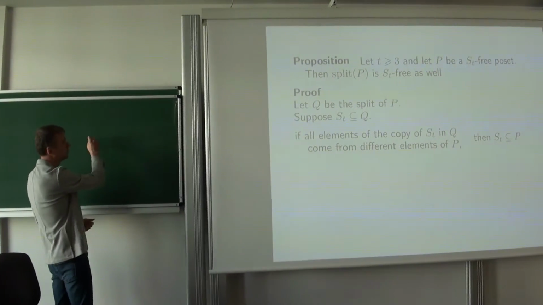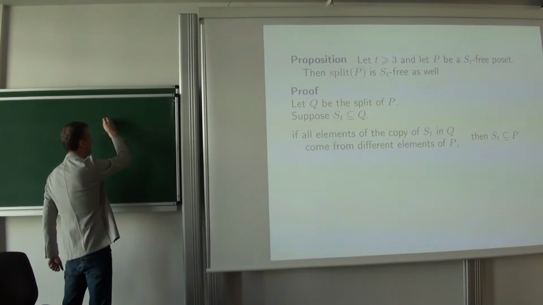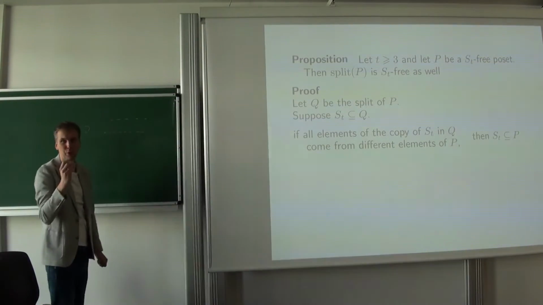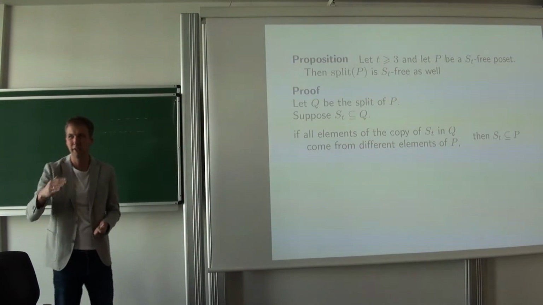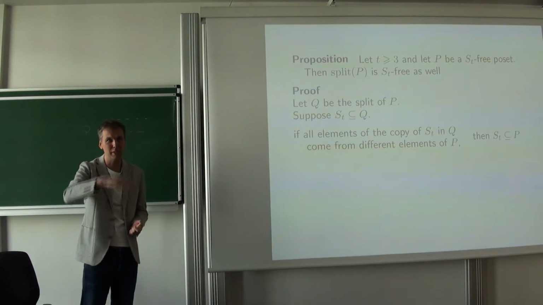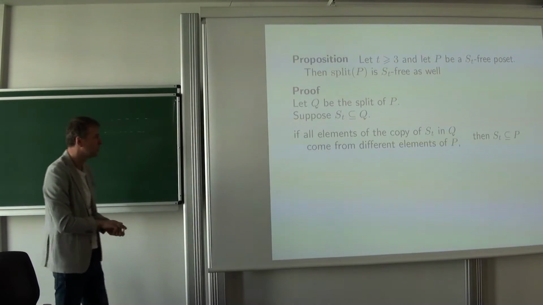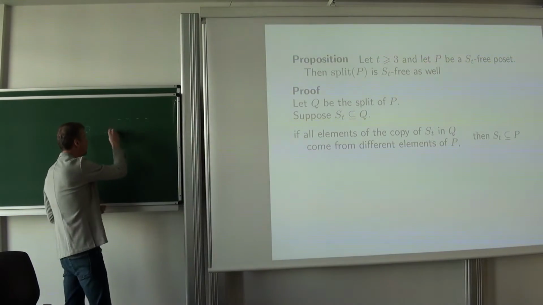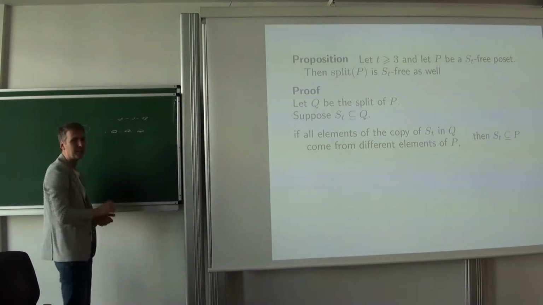So in the split of a poset, which here we denote by Q, of our poset P, it's of height 2. So if we have a standard example there, it's pretty clear that the minimal elements of the standard example are at the minimals, and the maximal elements of the standard example are at the maximals. So we have the standard example looking something like this. Yeah, it sits here.